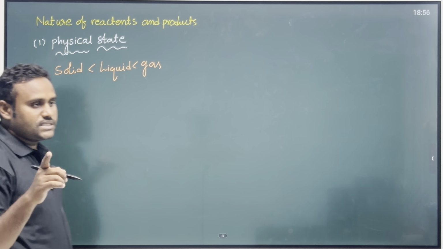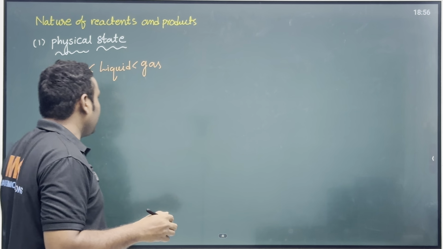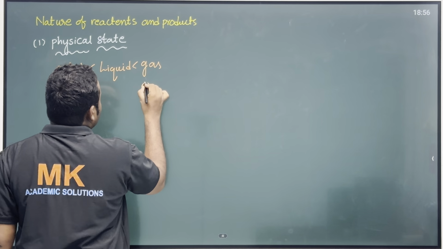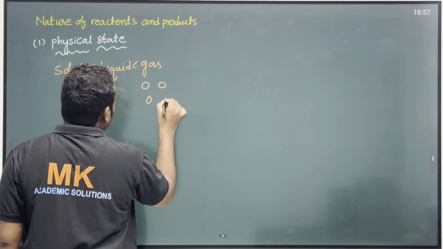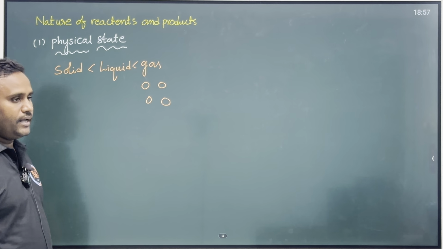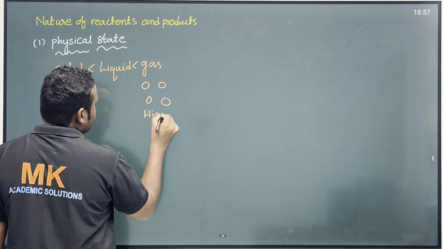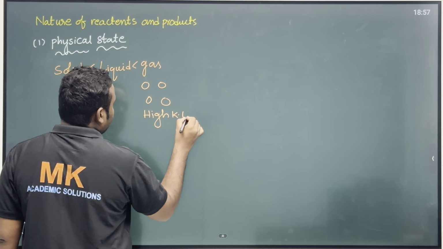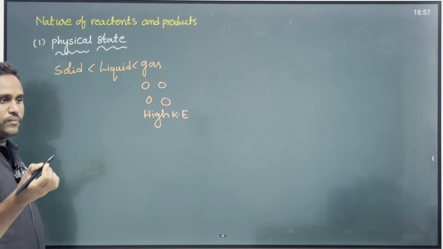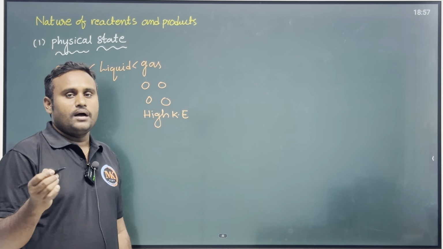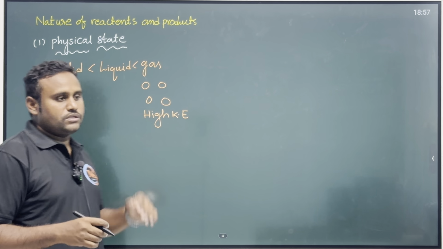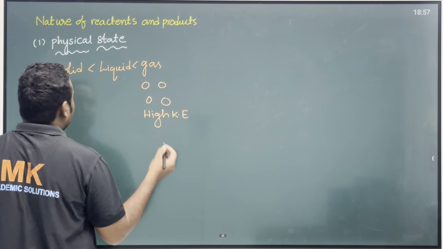Why are gaseous reactions very fast here, children? In gases, molecules are arranged very loosely and they have high kinetic energy. They can collide with one another at high speed, and the collision frequency is also higher.